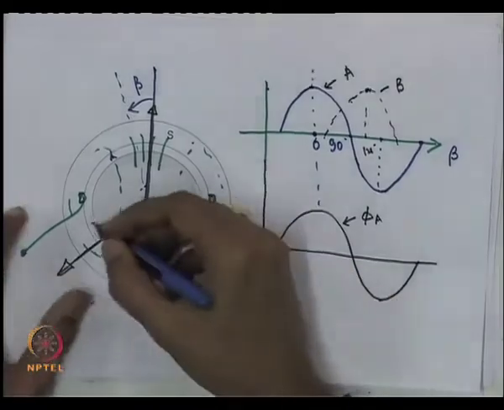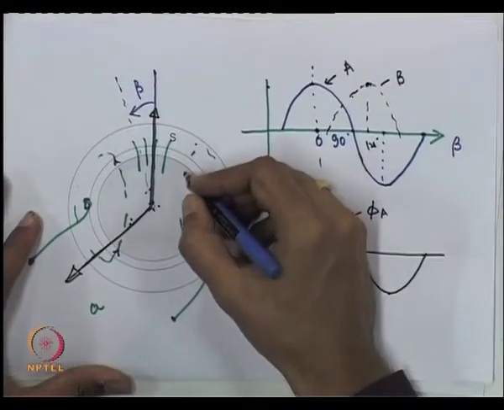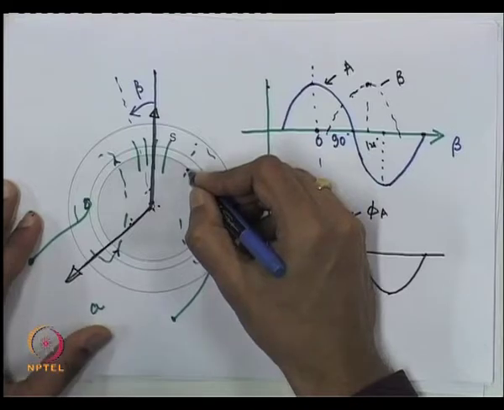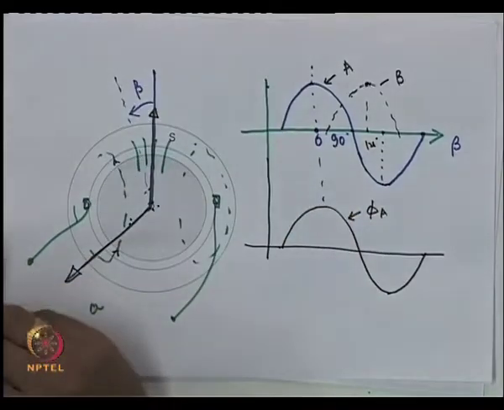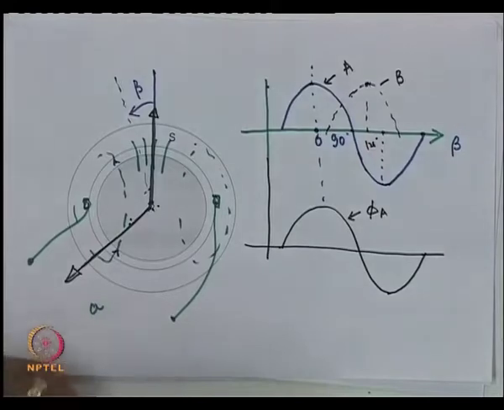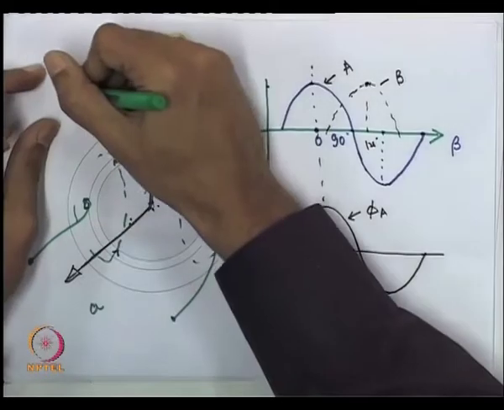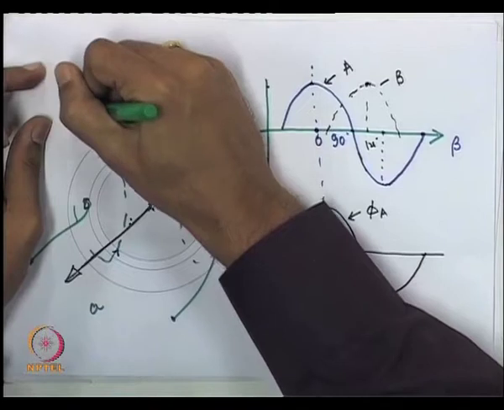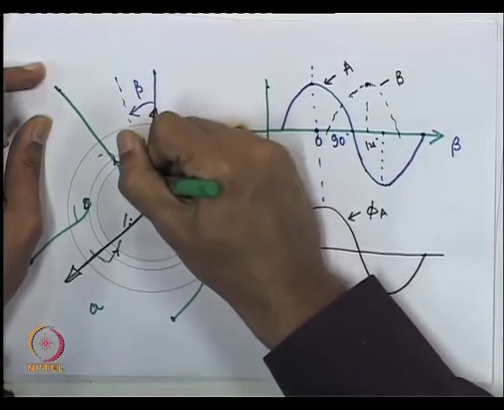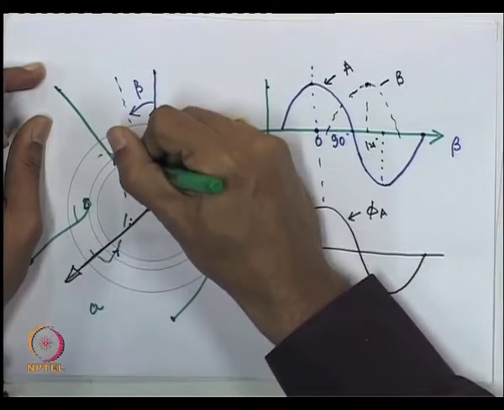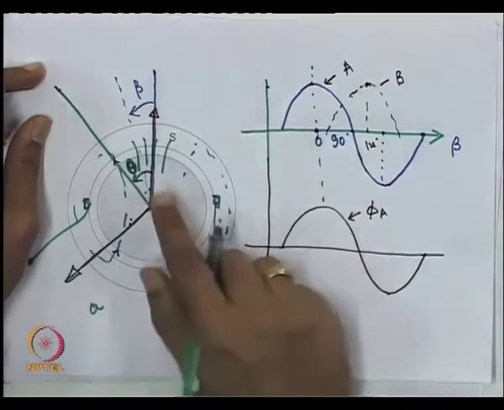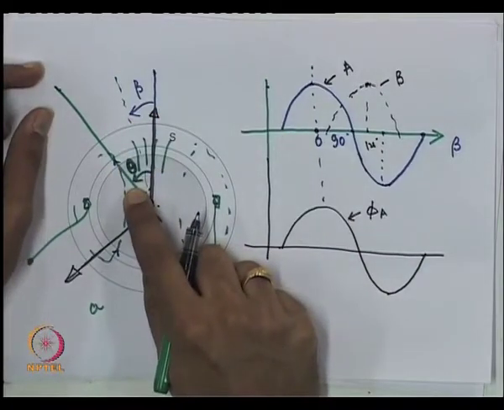Now, what I want to know is how much of this flux links with the field winding. So, where is the field winding? Suppose I want to take out the mutual inductance when the field winding is aligned at an angle theta.